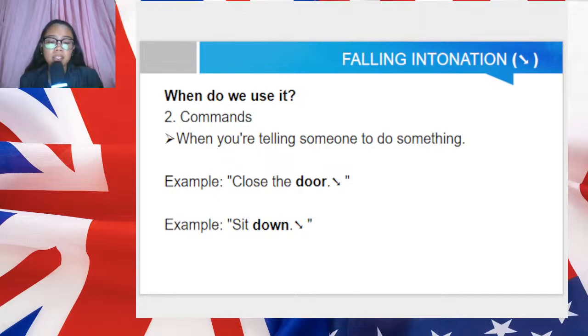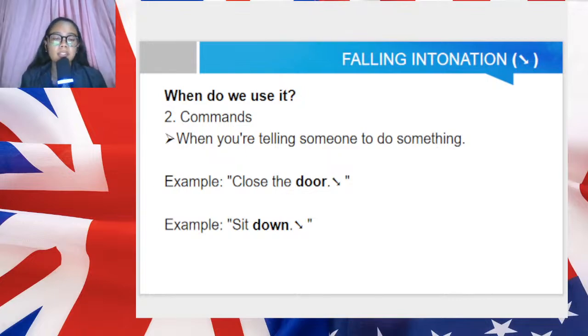So the listener understands that an action is expected. Let's look at the examples provided in the slide. First is close the door. Now, when you say door with the falling intonation, your voice descends decisively.